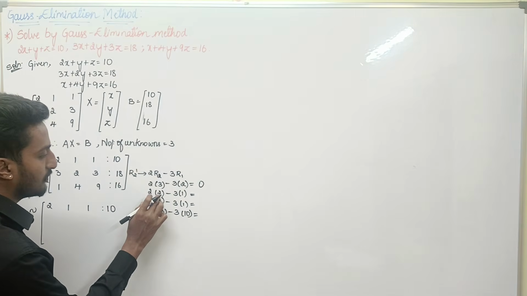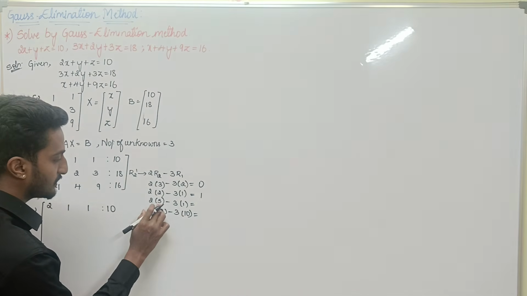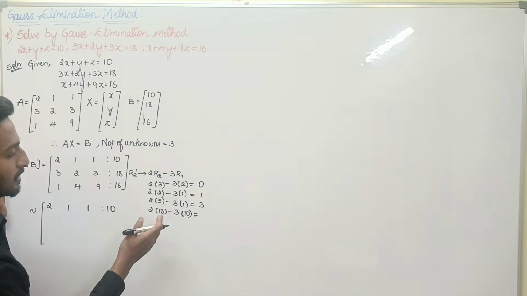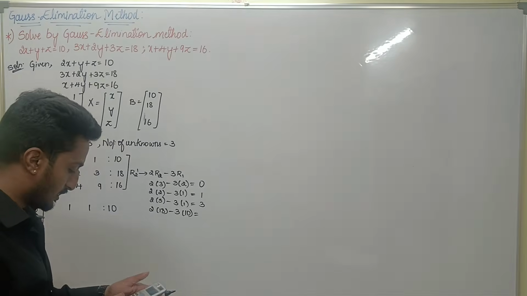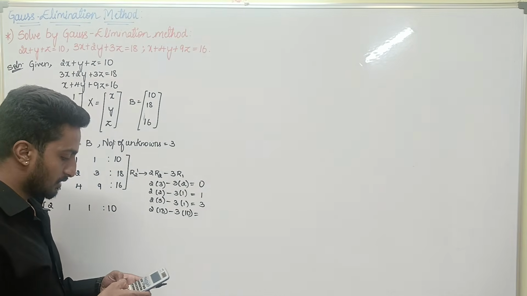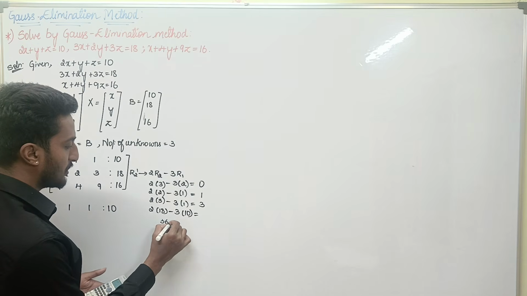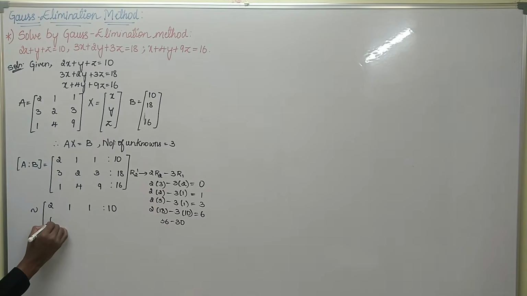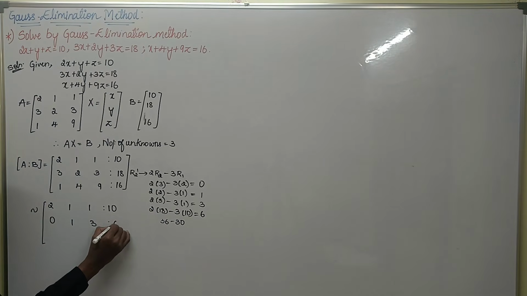Now 2 twos are 4, 4 minus 3 is 1. 3 twos are 6, 6 minus 3 is 3. 2 into 18 is 36, 36 minus 30, we get 6. That is 0, 1, 3 is to 6. We have simplified the second row.